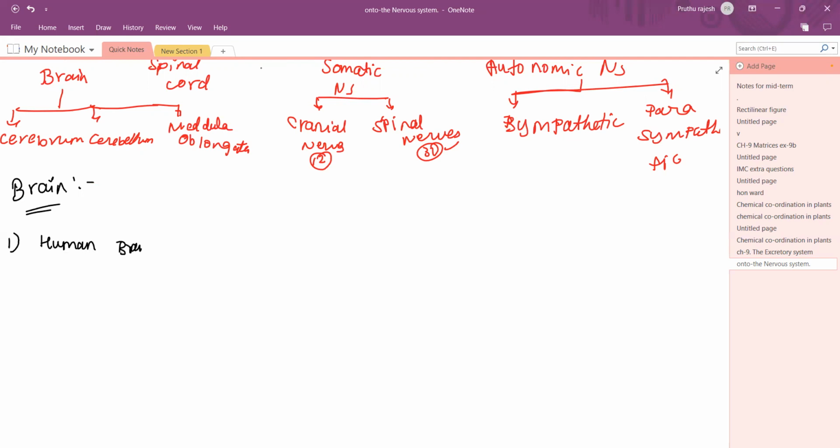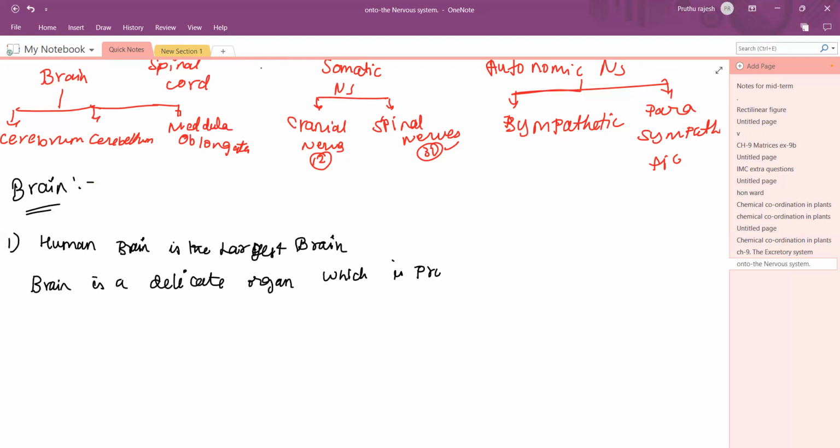Brain is a delicate organ which is protected by cranium.